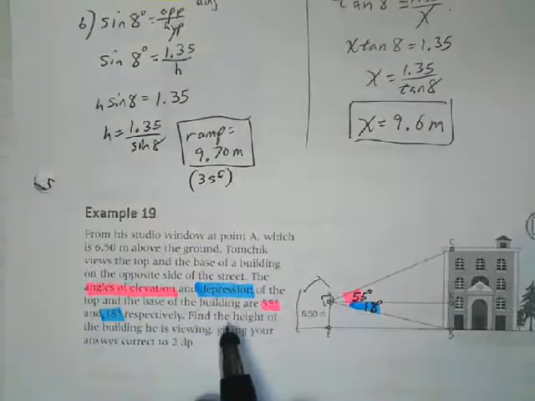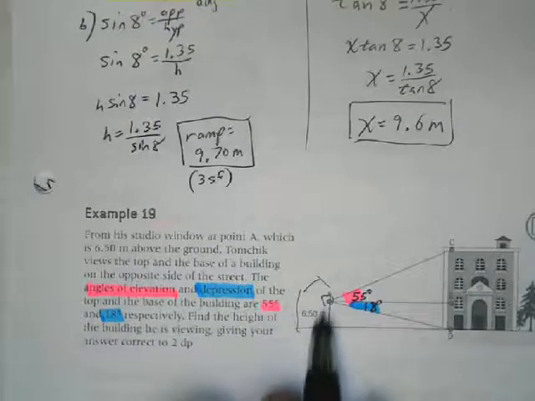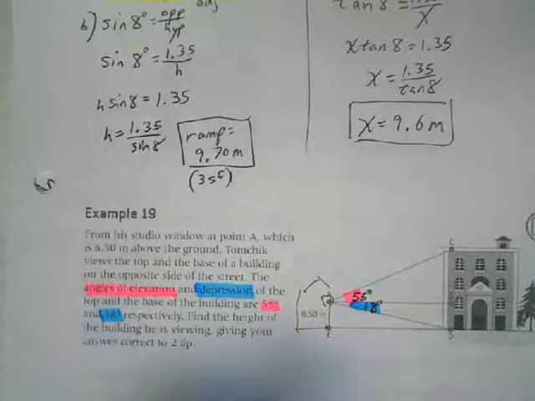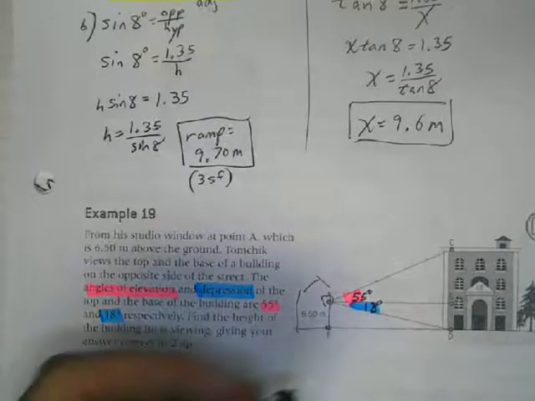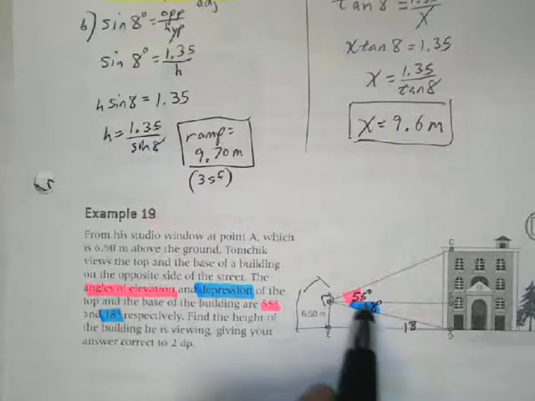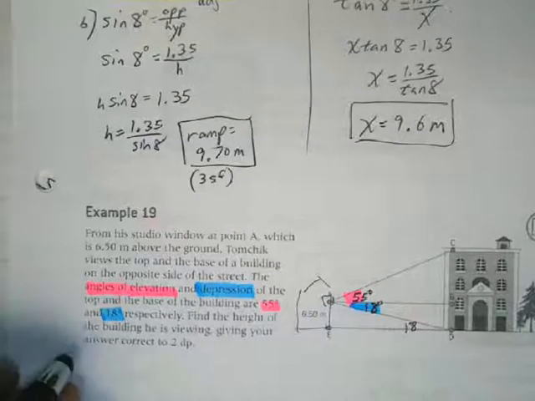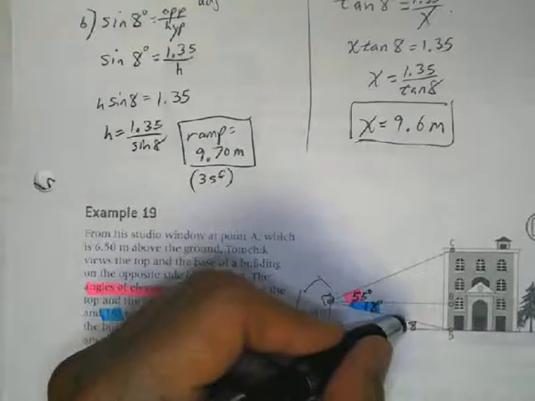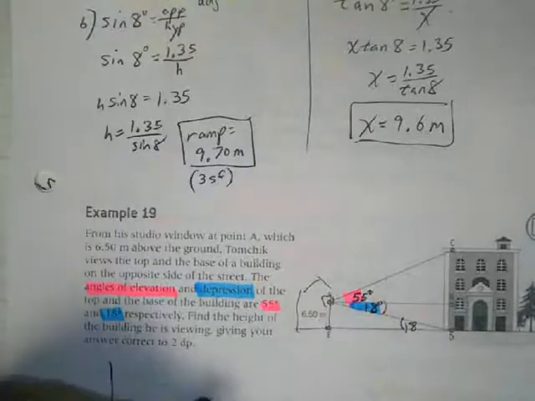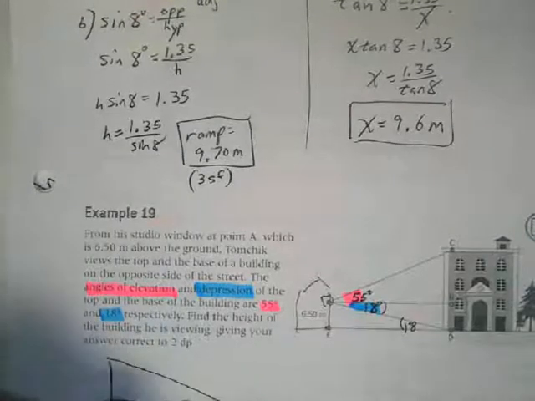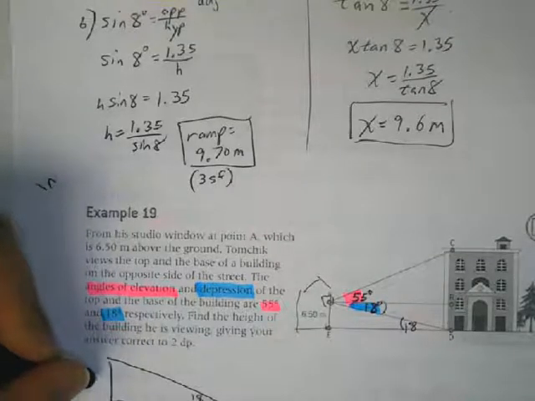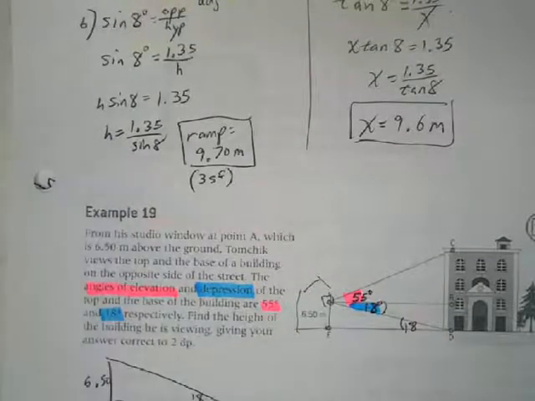We know that this height here is 6.5. If this is 18 degrees, then this angle down here is also going to be 18 degrees. These are alternate interior angles, so those are congruent.